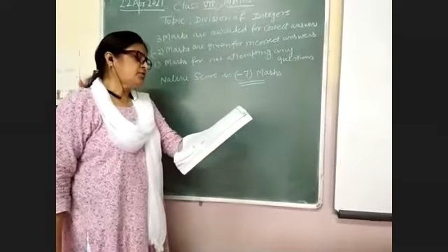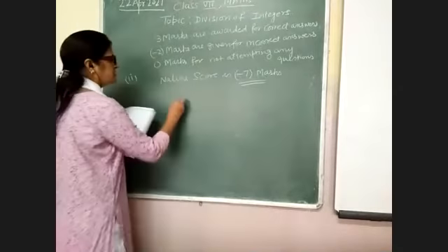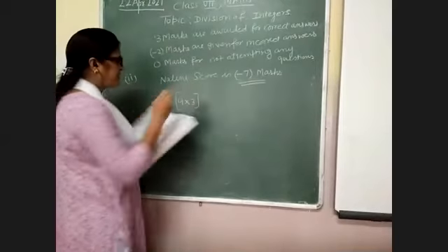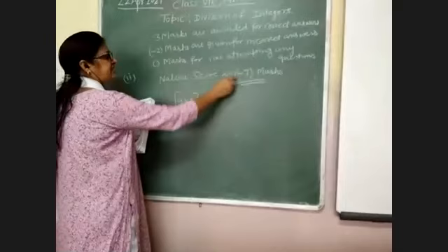She has got 9 correct answers, so 9 into 3 marks are awarded for the correct answers. And how many questions did she attempt incorrect? Because her score is negative.